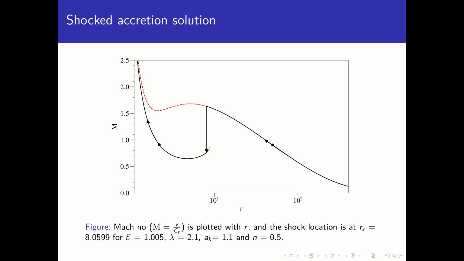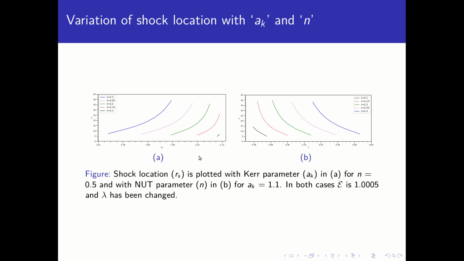So in this figure we plotted the dotted line when the flow does not contain shock, and the solid line represents when the flow contains shock. Here we will see how the shock location varies with the Kerr parameter, and here how the shock location varies with the Nernst parameter. In both figures we plotted for different angular momentum.